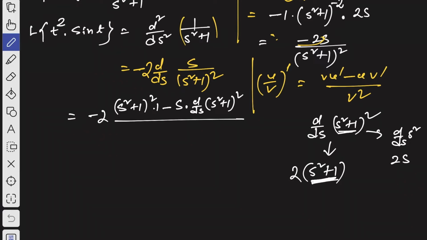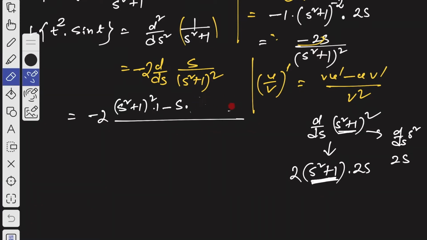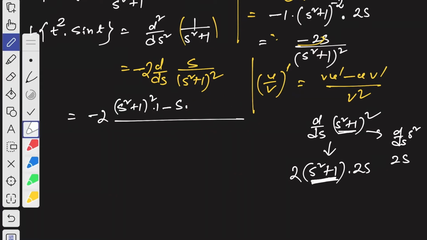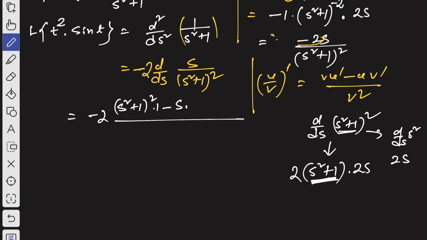Again you need to differentiate this term within the bracket. If you do that, then you will get again twice s, right? So let me write the result here. You will get 2 into (s square plus 1) into twice s. That's what you will get, over (s square plus 1) whole square, right?